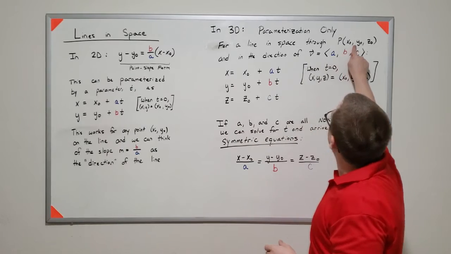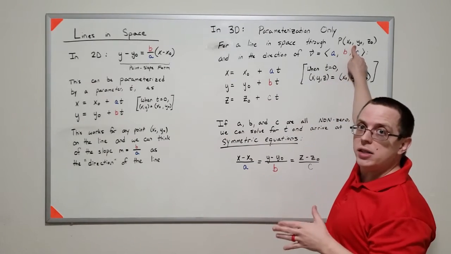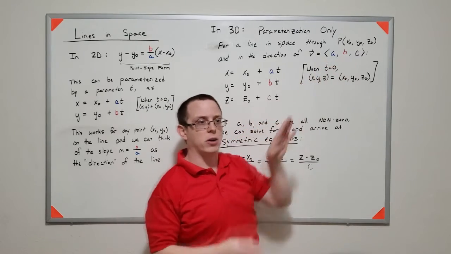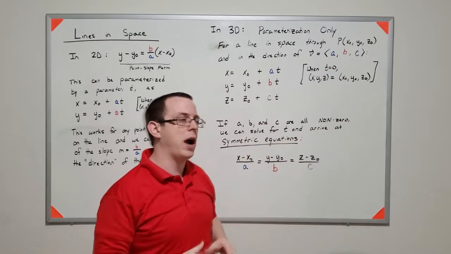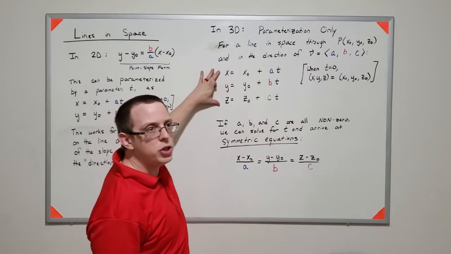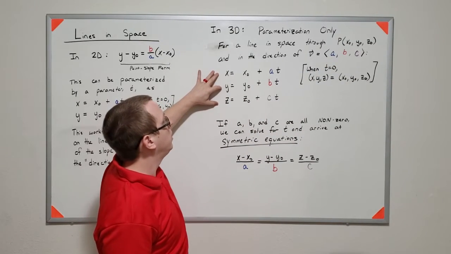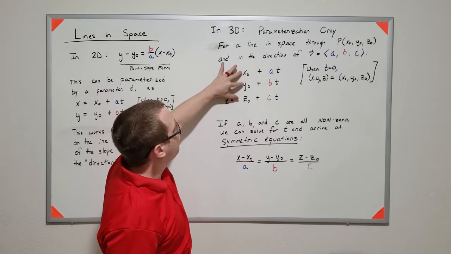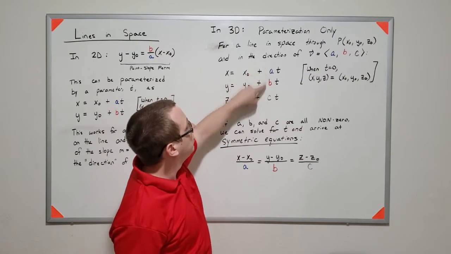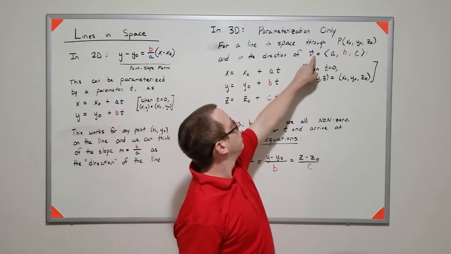So if I have some point x0, y0, z0, and I have some sort of direction vector, some sort of trajectory for how it behaves, then I can write the locations of x, y, and z in terms of, if you think of it, a point plus t times this vector.